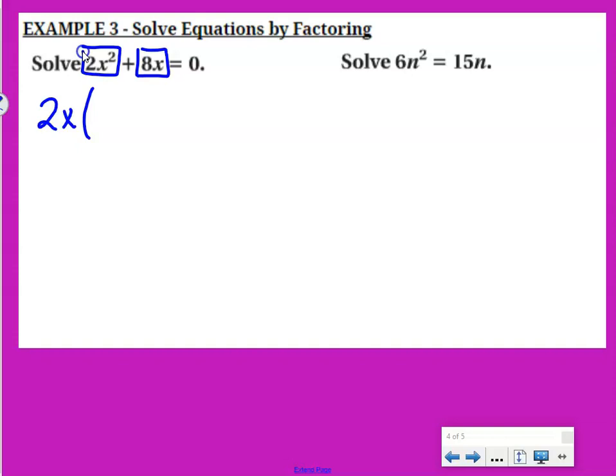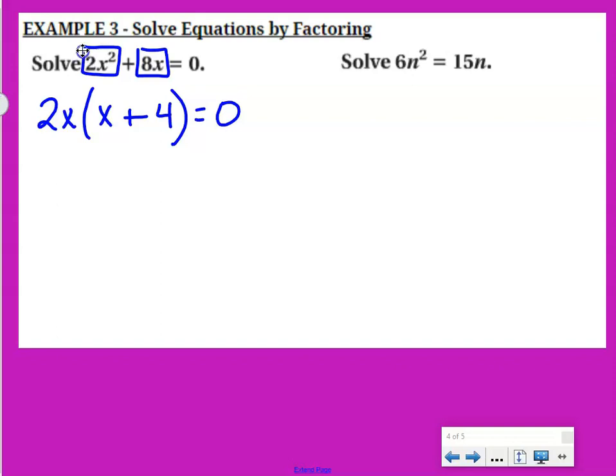What do we have left when we take out a 2 and an x? Well, 2x times x would give us 2x squared. Plus, when we take out a 2 and an x from 8x, we're left with 4, equals 0. So again, you should be able to distribute and get back to the original equation.